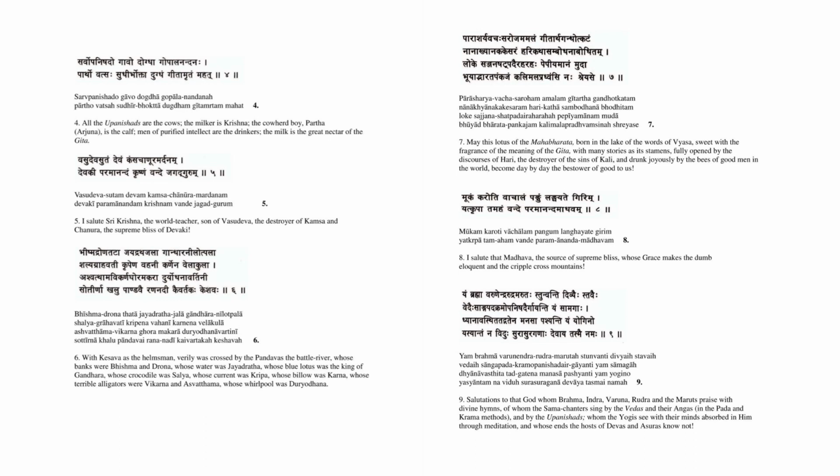There are multiple words, but they have combined into what we call a Samasta Padam, a combined word. It means the killer of Kamsa and Chanura. You already know Kamsa was the maternal uncle of Krishna.